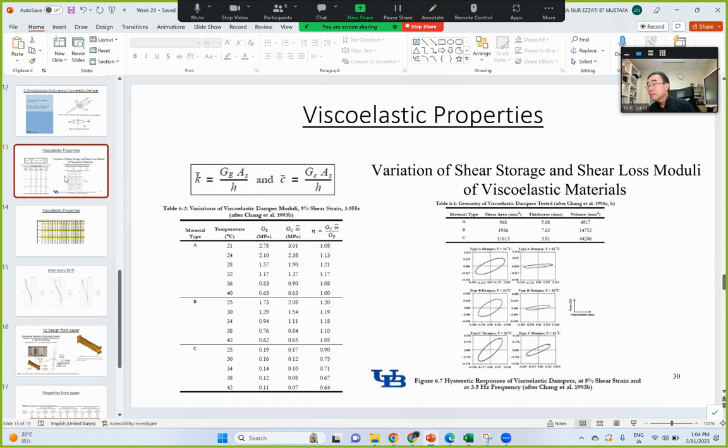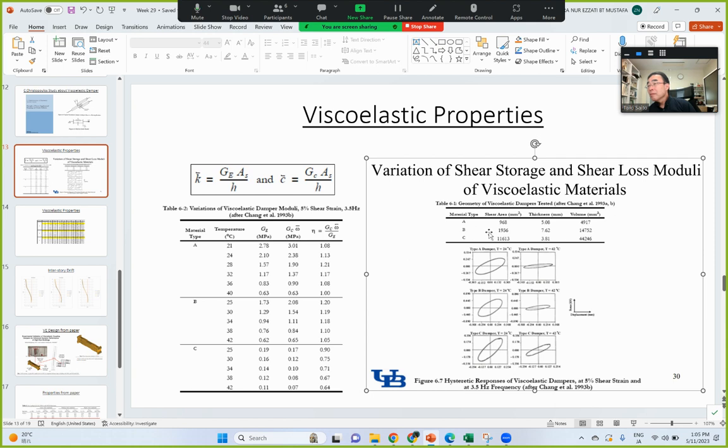In this book, he also gives properties. Basically, the properties of the viscoelastic damper are based on K and C, and G_E and G_C. Here he gives some values. There are three types of material, A, B, C, and different temperatures. From here, he gave G_E and G_C at a circular frequency.